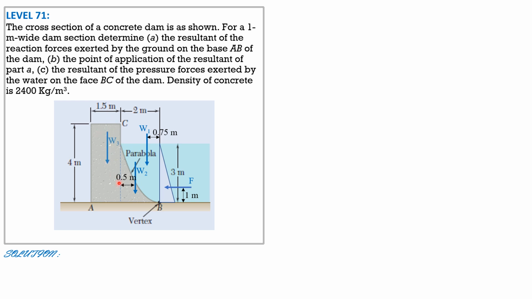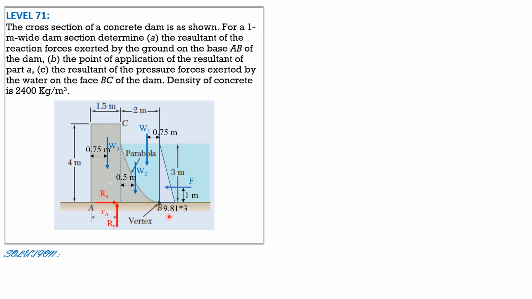And of course weight 3, concrete, this is half of 1.5, 0.75 meter as shown. So this is Ry, Rx to the right, and Rx is just F, and the distance of the resultant on the foundation where it crosses the base from A is denoted by X sub A as shown.